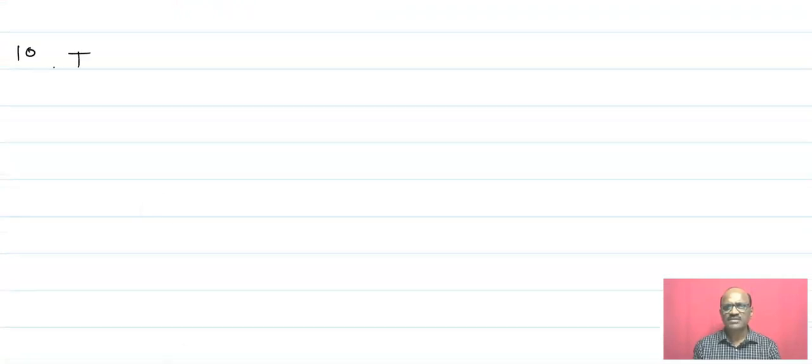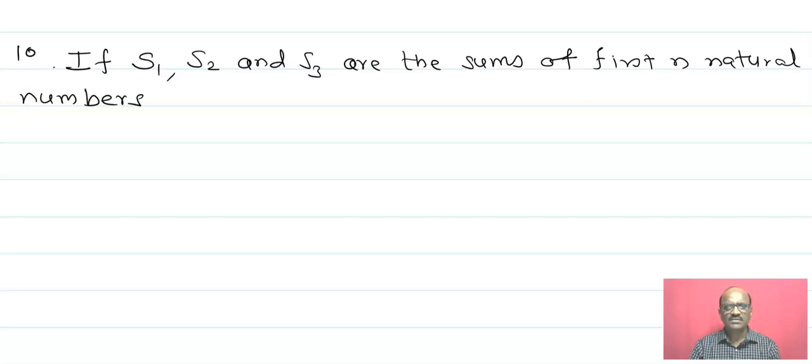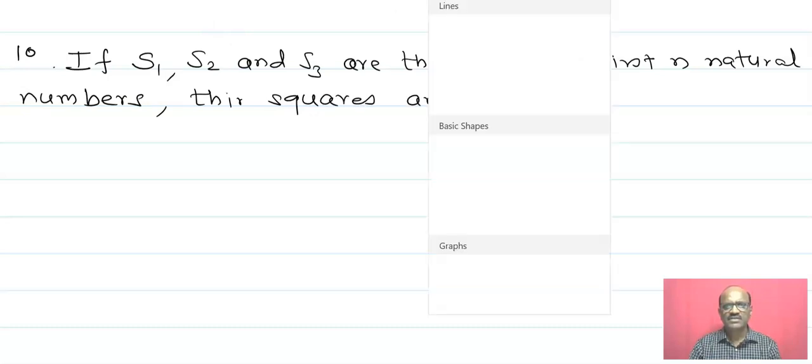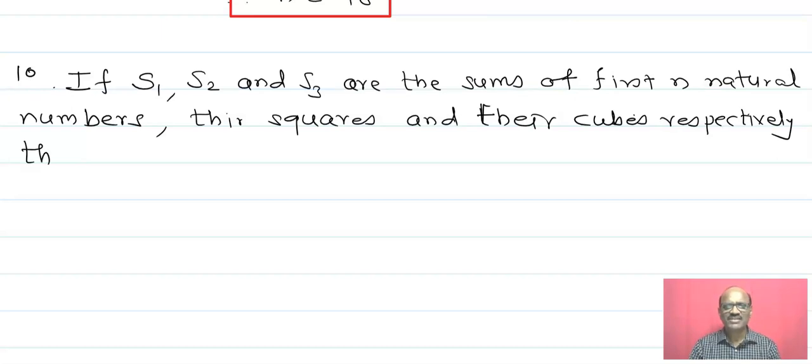Next, problem number 10. If S1, S2, S3 are the sum of the first n natural numbers, their squares and their cubes respectively, because the last example was like this.